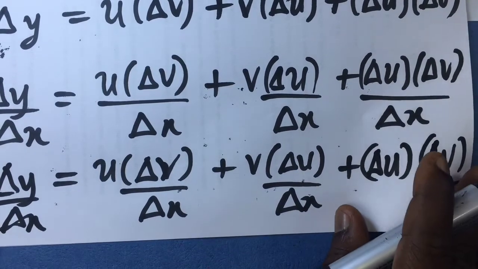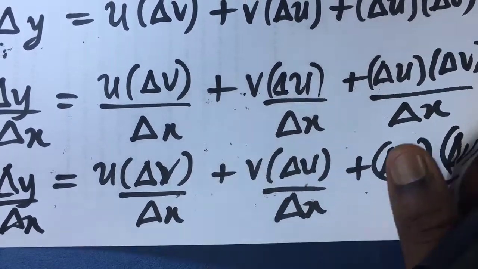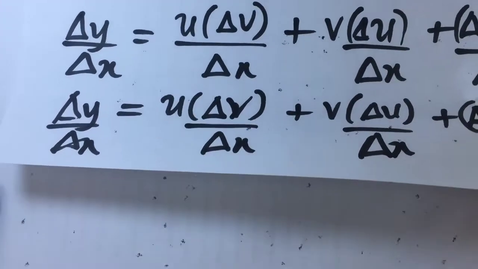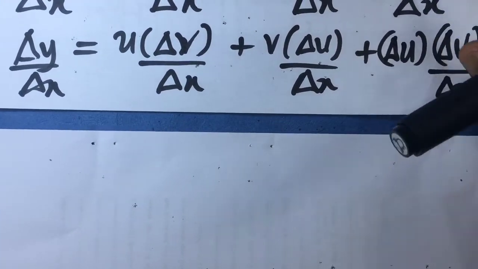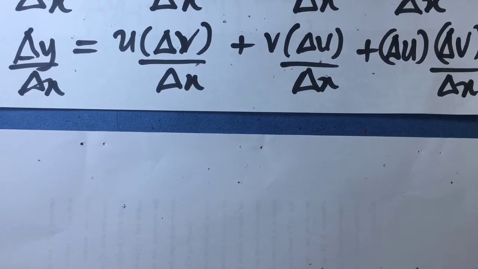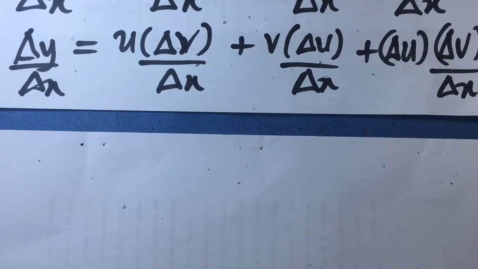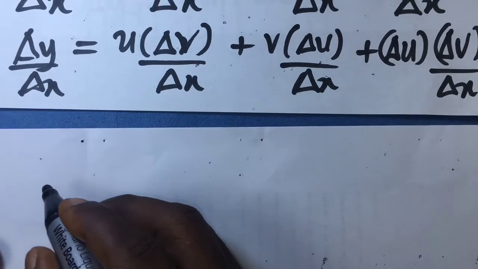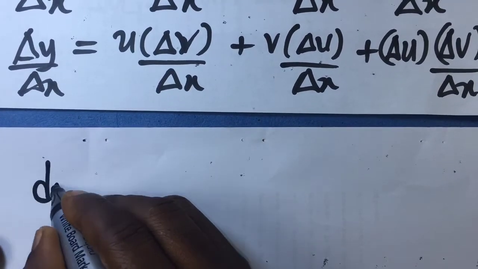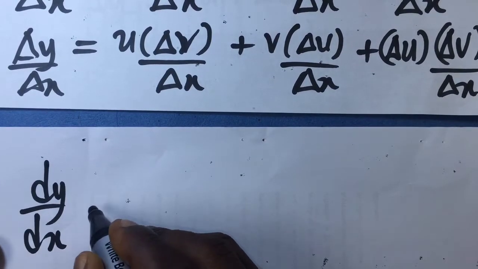Now the next and final step to take is to obtain the derivative itself. Remember from our discussion on first principle of differentiation, we had said that the derivative of a function is obtained by taking the limiting value of its gradient function as the infinitesimal change in the independent variable tends to 0. So what we are going to do here now is to obtain dy dx.